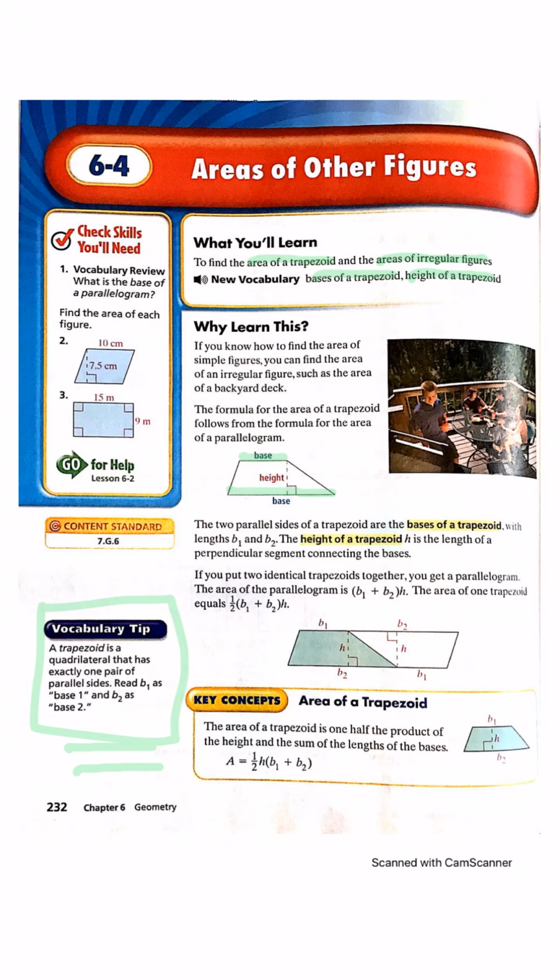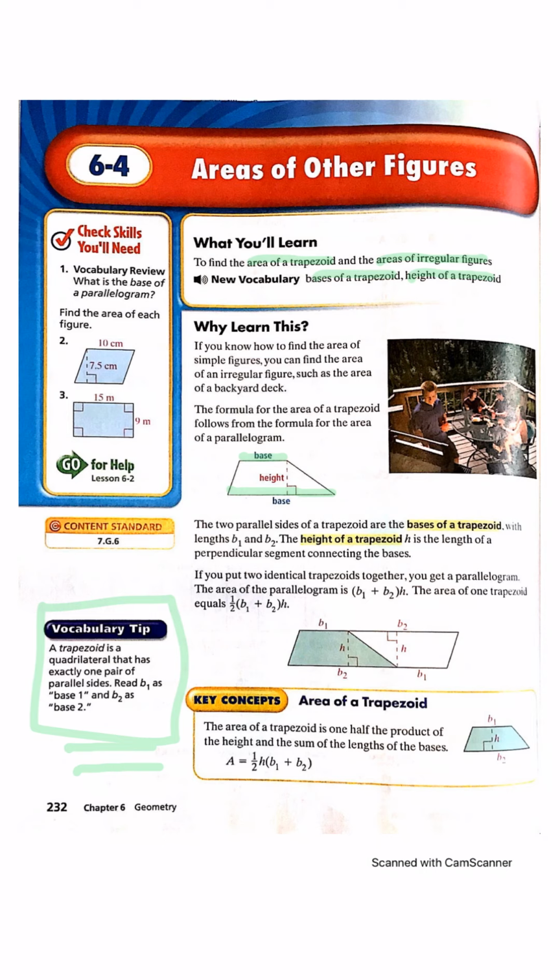So let's go ahead and take a look at this. Why learn this? If you know how to find the area of simple figures, you can find the area of an irregular figure, such as the area of a backyard deck. The formula for the area of a trapezoid follows the formula for the area of a parallelogram.